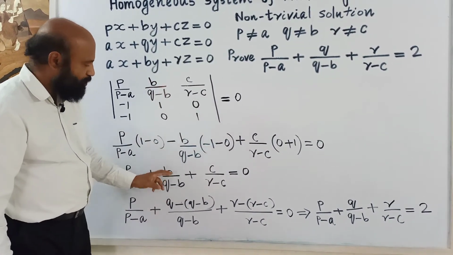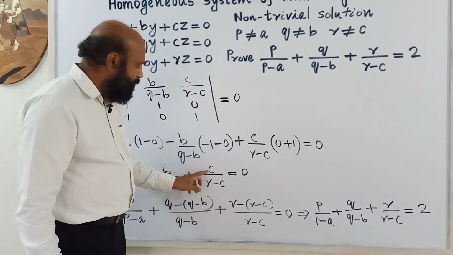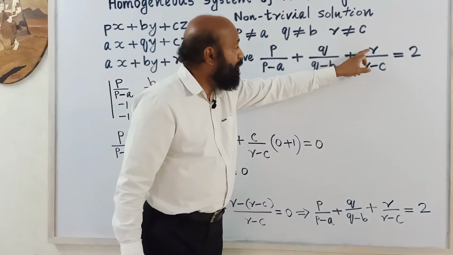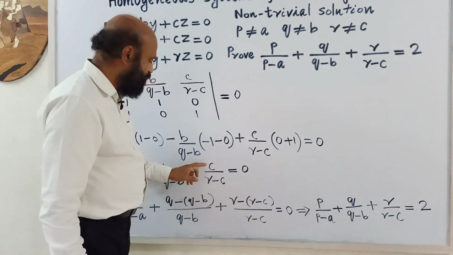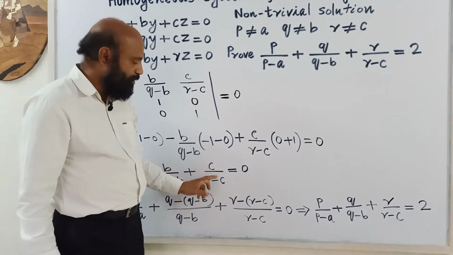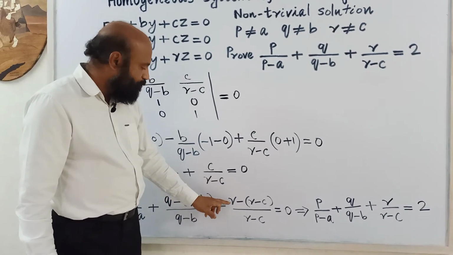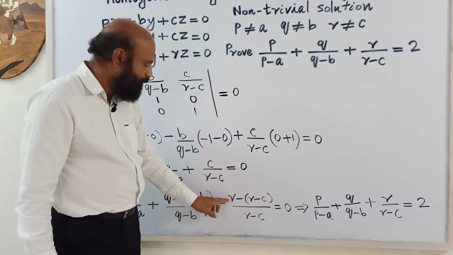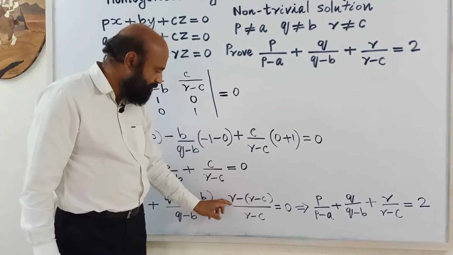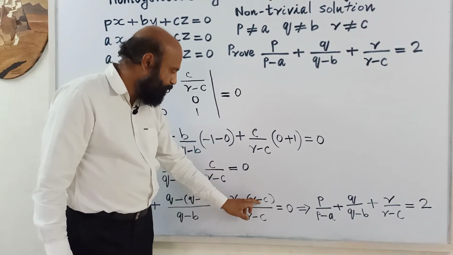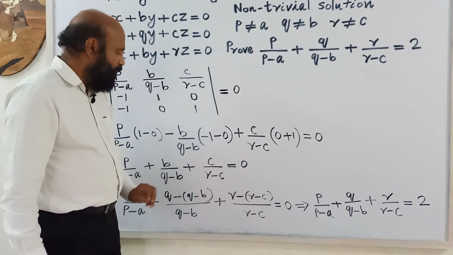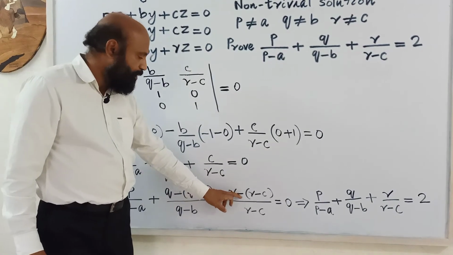So it is like this. Now here we want the numerator R, but here it is C. So the C can be written like this, R minus C. Now plus R minus R will get cancelled, so minus into minus plus C. So the C can be written as R minus C.